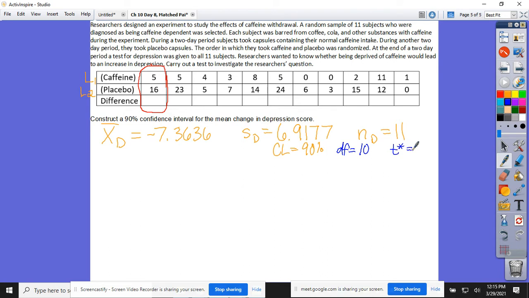To get T, you look it up on your chart. With 90% and degrees of freedom of 10, you get 1.812.